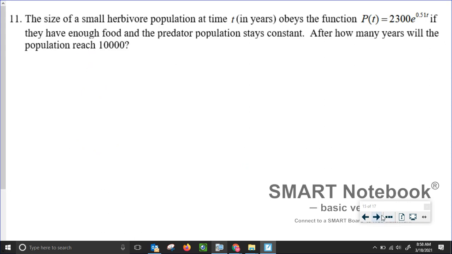The size of a small herbivore population at time t in years obeys the function p of t is equal to 2300 e to the 0.51 t. If they have enough food and the predator population stays constant, after how many years will the population reach 10,000? All right, so we set the population equal to 10,000.